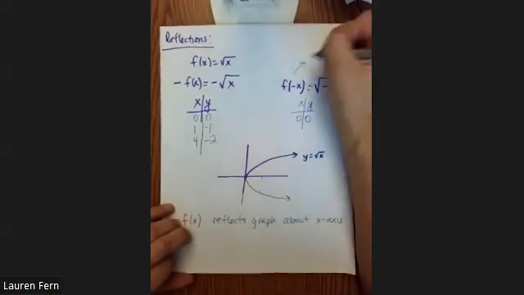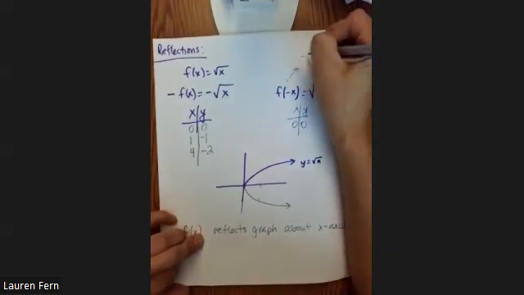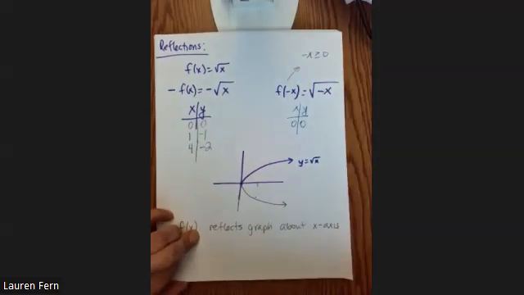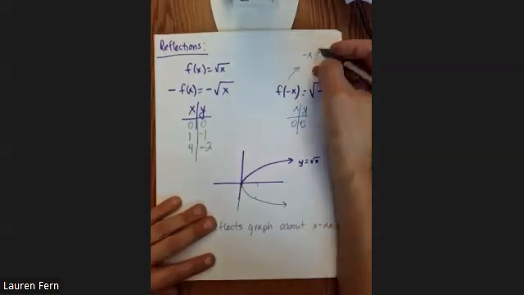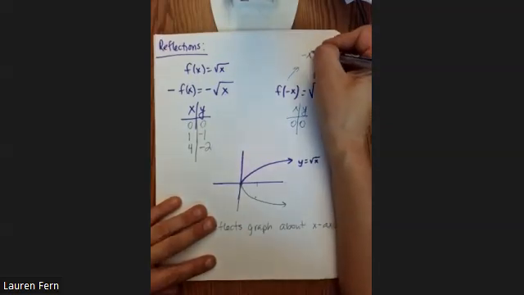Okay, let me go up here. Don't I need whatever's under my radical to be greater than or equal to 0? Well, if I need whatever's under my radical to be greater than or equal to 0, good job.